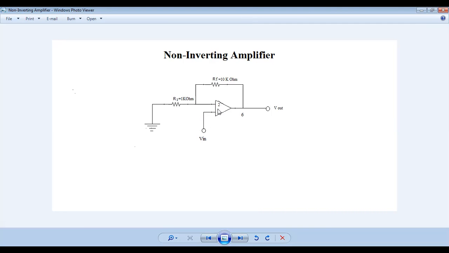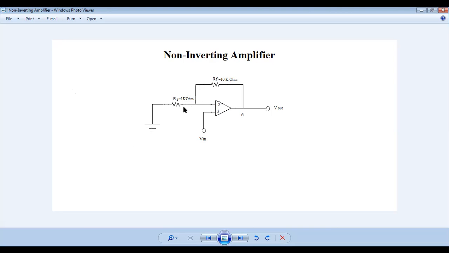So here you see that this is the third number pin of the operational amplifier, and we give the supply to the third number pin, and we connect the second number pin to the ground. Here there are two resistances, R1 of 1 kilo ohm and Rf, which is our feedback resistor, and R1 is our input resistor that is connected to the second number pin of the operational amplifier.